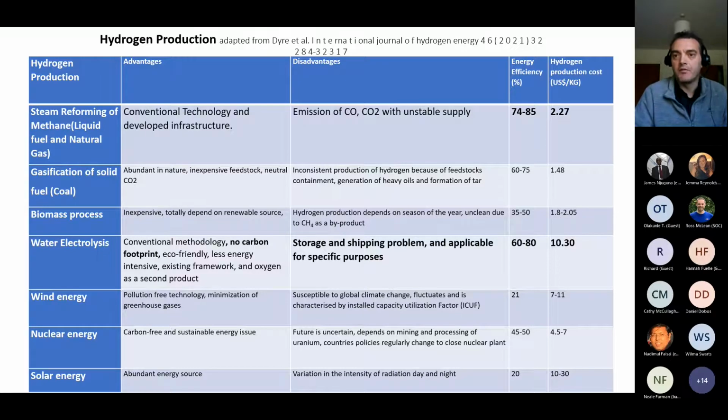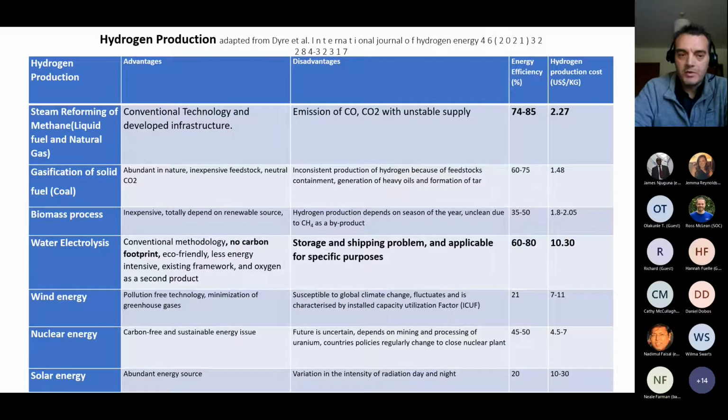The percentage is very high, 74 to 85, and the price is also excellent, 2.27. We can see all the other processes: nuclear, solar, wind, biomass, etc. But the percentages are usually lower than steam reforming.